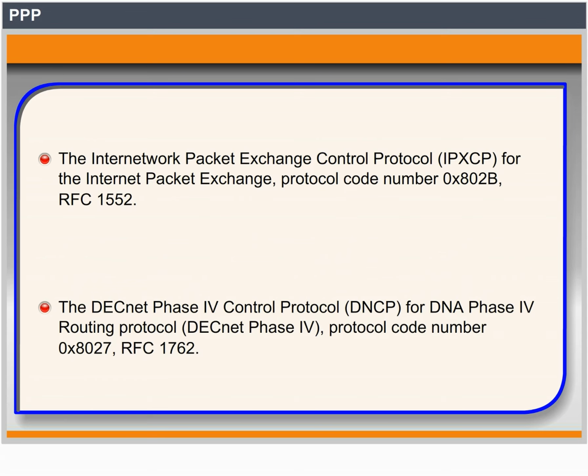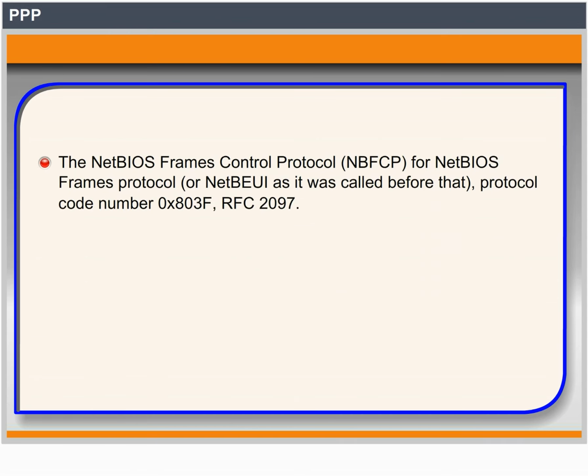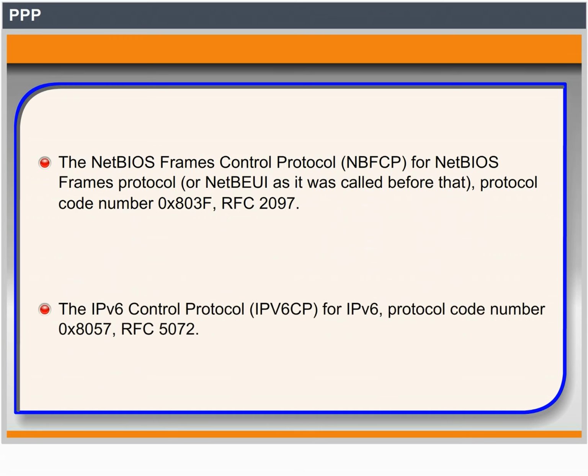The NetBIOS Frames Control Protocol, that is NBFCP for NetBIOS Frames Protocol or NetBEUI as it was called before that, protocol code number 0x803F, RFC 2097. The IPv6 Control Protocol or IPv6CP for IPv6, protocol code number 0x8057, RFC 5072.